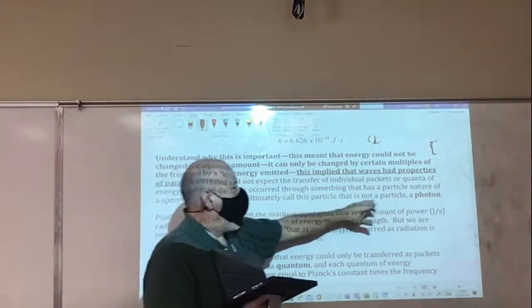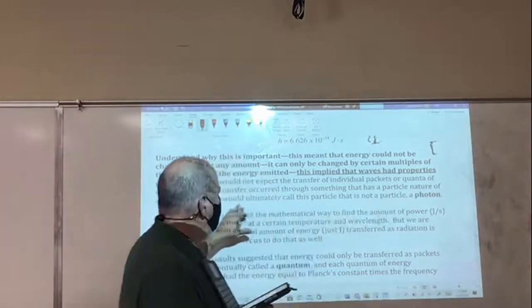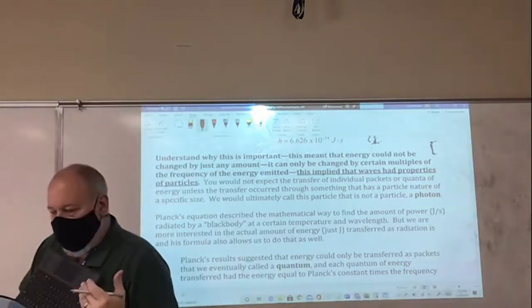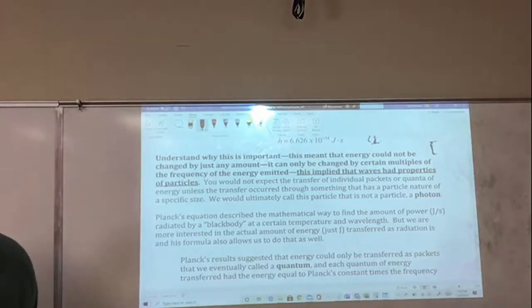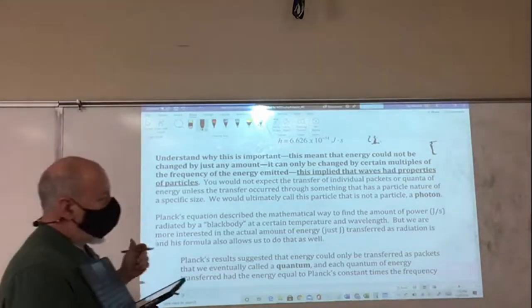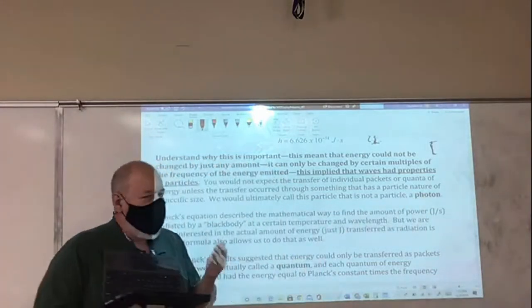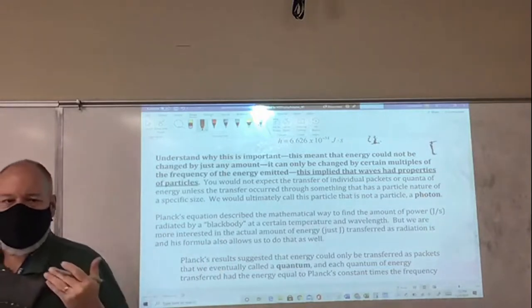And what we're going to ultimately say is that this packet of energy that isn't a particle, but it is a particle, is a photon. Okay, so you've heard of photons of energy before, but a photon is a massless thing. It has no mass.